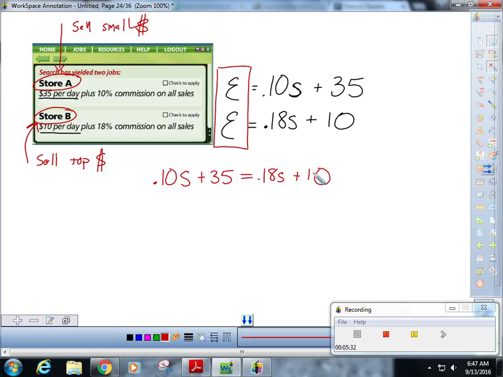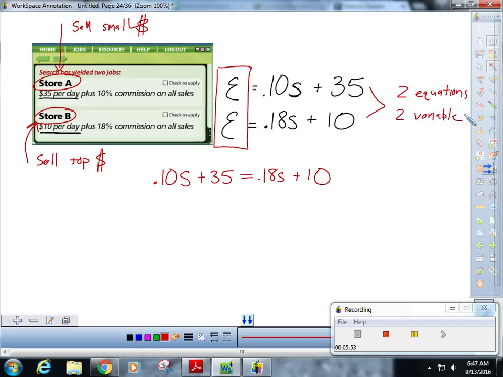Because they were both equal to E, I was able to set them equal to each other. And now you'll notice I went from two equations to one equation with two variables.